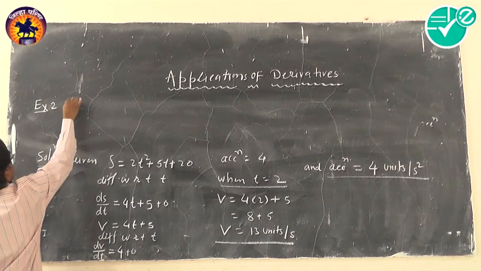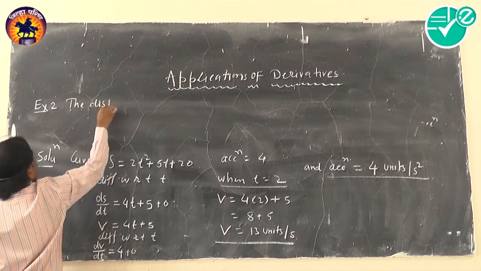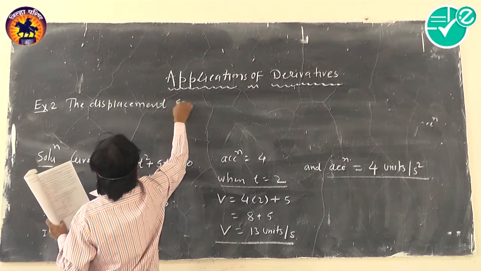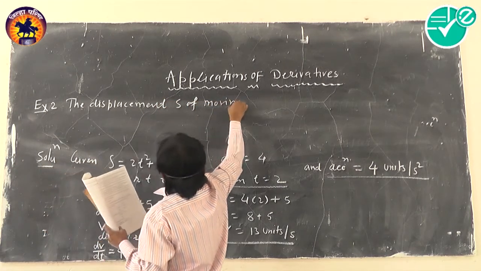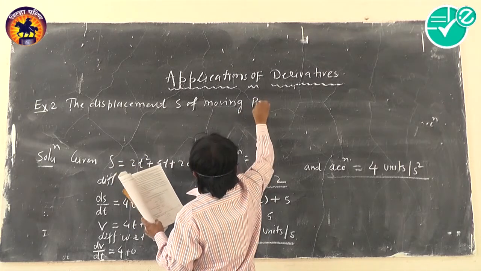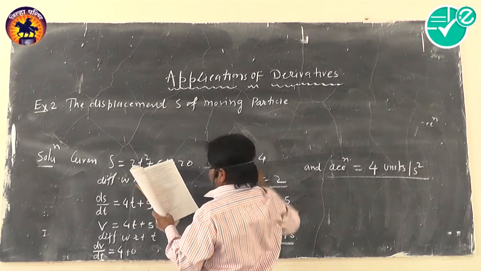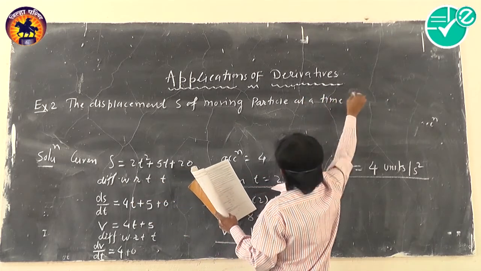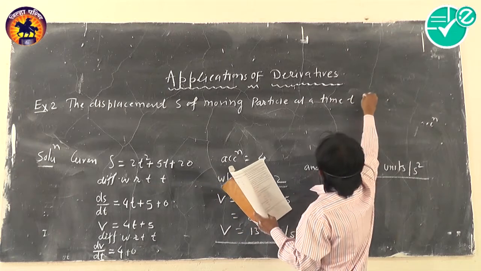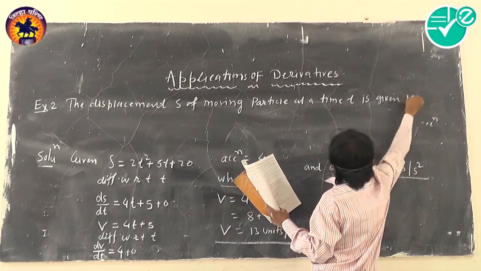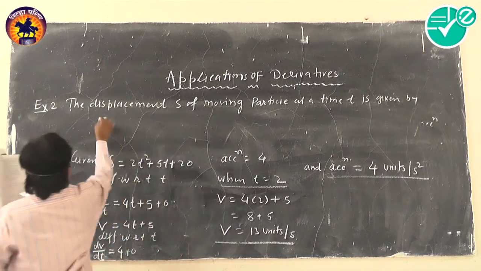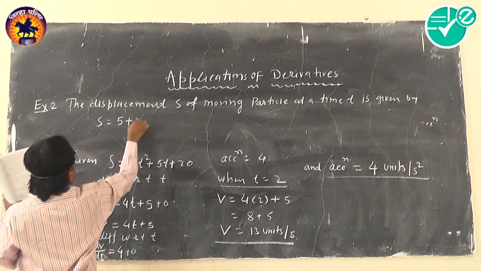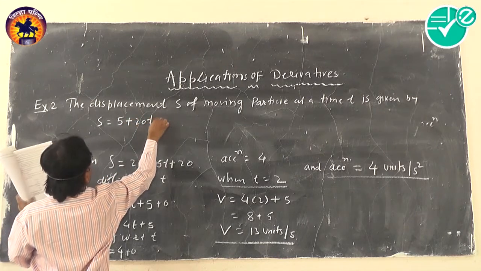The displacement S of a moving particle at a time t is given by S is equal to 5 plus 20t minus 2t square.